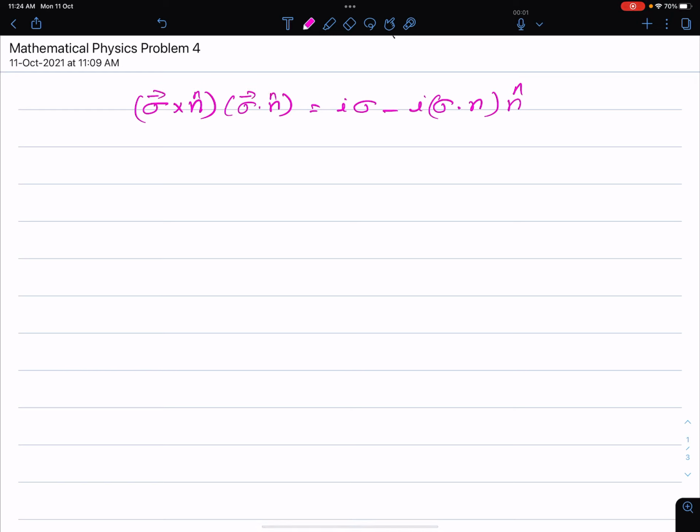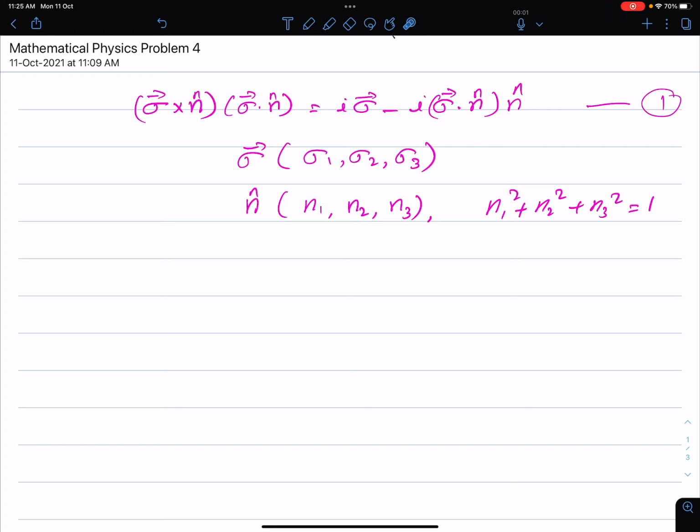Then the left hand side of the equation 1, let us expand it by finding the ith component, because the left hand side is basically a vector, because sigma cross n is a vector, sigma dot n is not. So the left hand side of equation 1 and its ith component I want to write down.